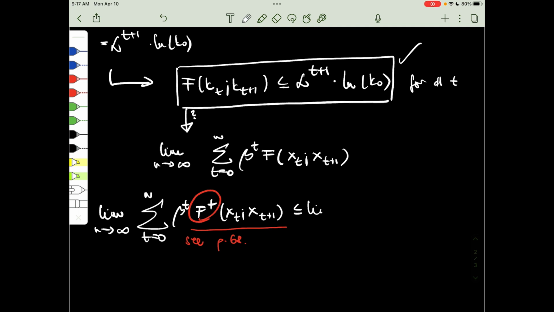It's just another form. Okay, we are using this bound.